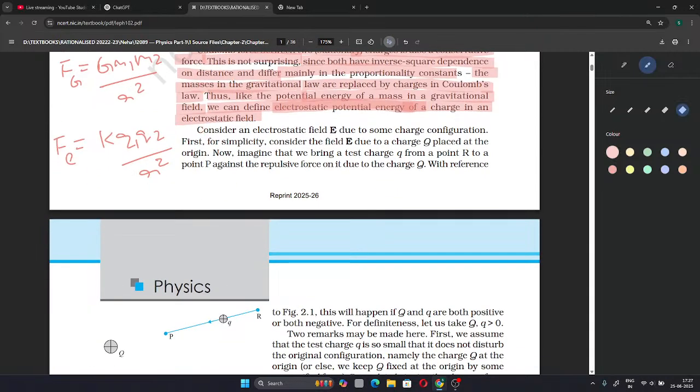Consider an electrostatic field E due to some charge configuration.